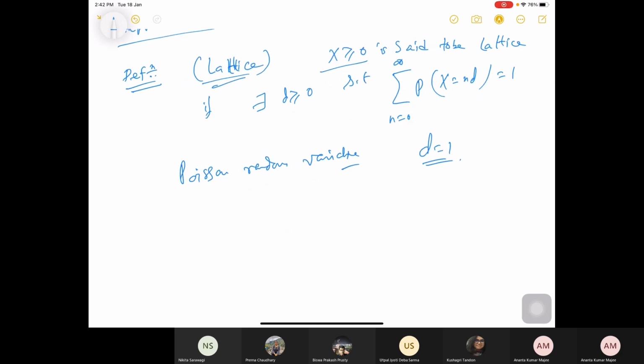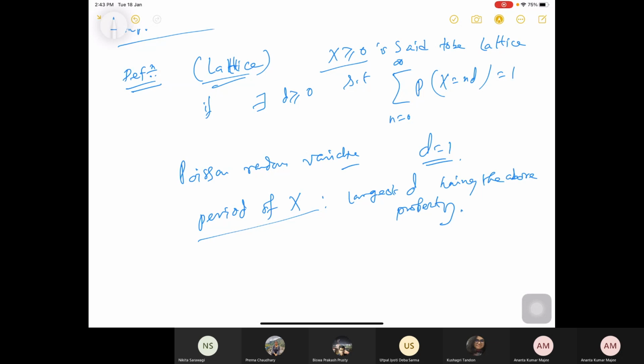Okay. And then we say that the period of a lattice X, what is that? Because there exists a d, the largest d having the above property is the period. Sometimes we say that the distribution is lattice.